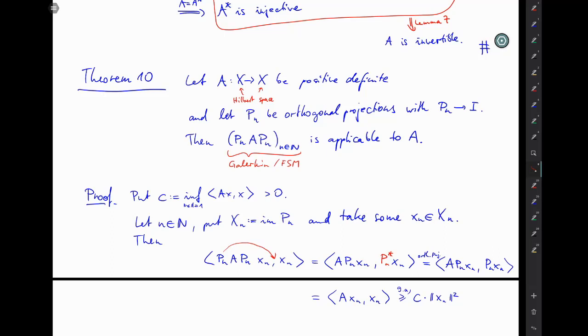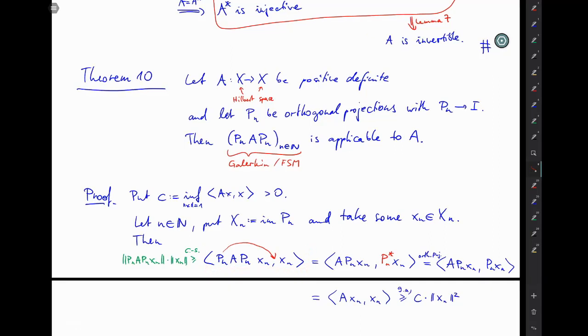But here, I mean, we could essentially repeat part of the argument, which was the Cauchy-Schwarz inequality, noting that this expression is always real and non-negative, so we can just assume we have modulus signs here.